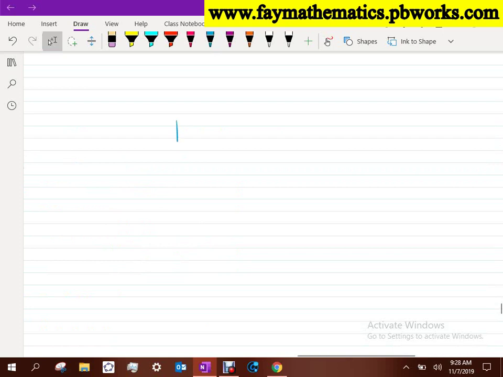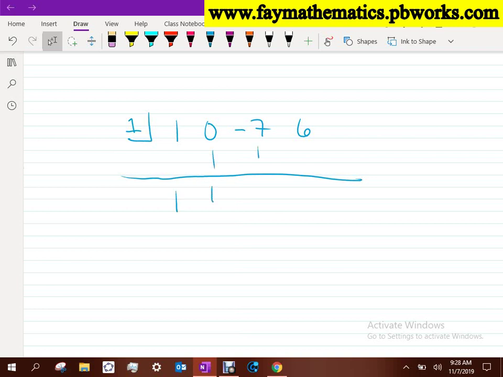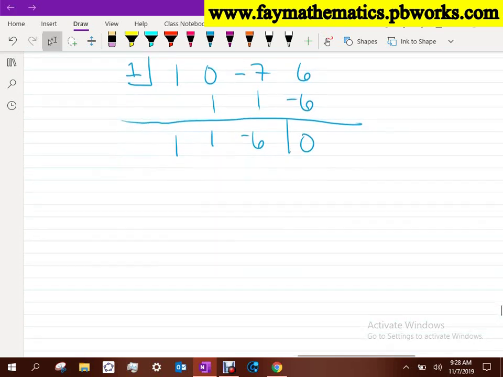If I have 1, 0, negative 7, 6, if we tried that one, bring my 1 down, multiply, bring it down, multiply, negative 6, multiply, gives me a 0, right? That right there tells me x minus 1 is a factor.